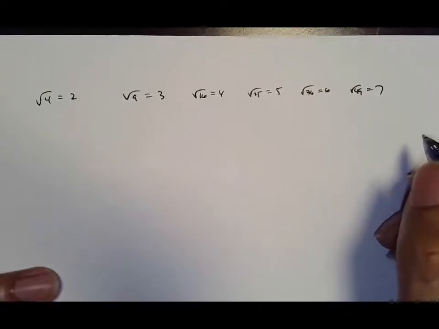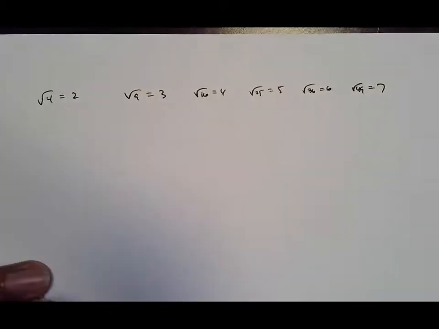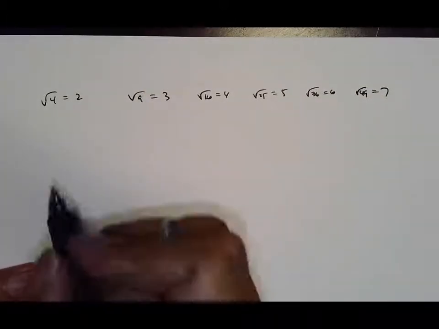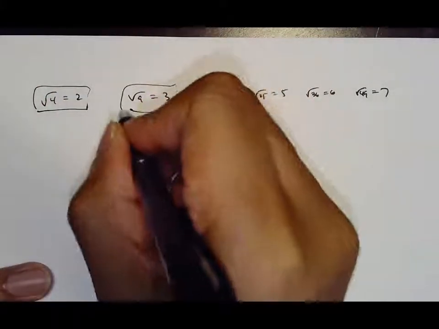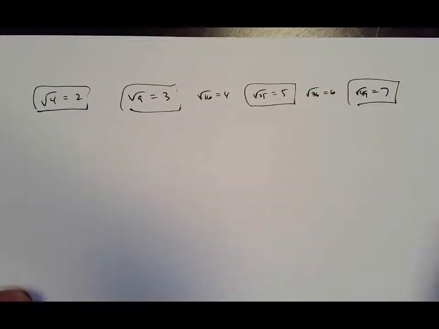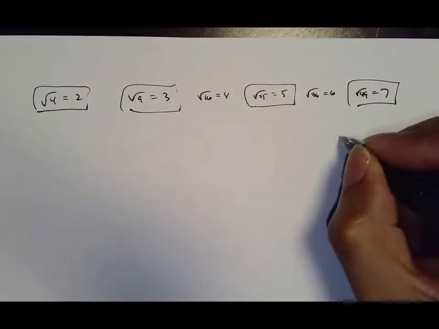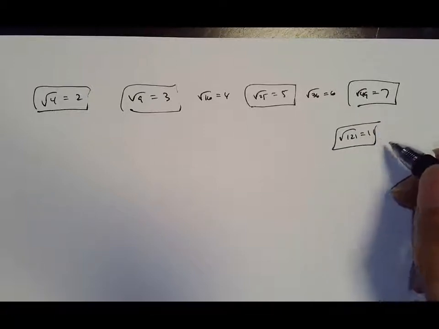The key thing for you to remember from this list is the prime numbers. Prime numbers means they can only be divided by 1 and themselves, which means you want to memorize that group, this group, and that group. Now, you do also want to remember the square root of 121 is 11 because that's your next prime number, but that's not used a lot.